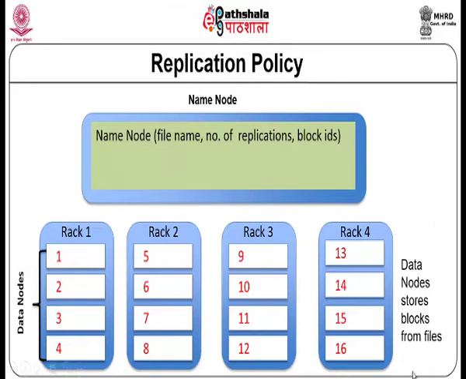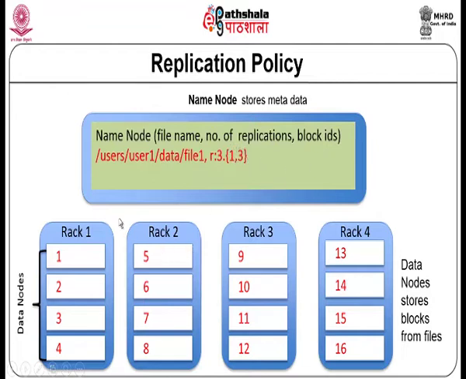That complete information is stored with the name node. Here in this example we see that the name node is storing this information: file name, the number of replications and the block IDs of the file, how many block IDs are there in that file. In this example, a path is given for file 1, and there are 3 replications for each block, and there are 2 blocks, block number 1 and 3.